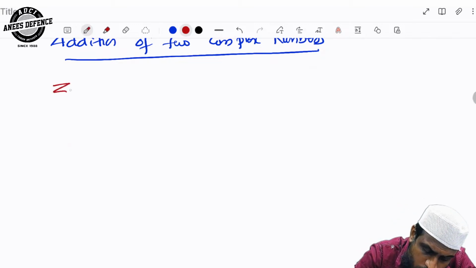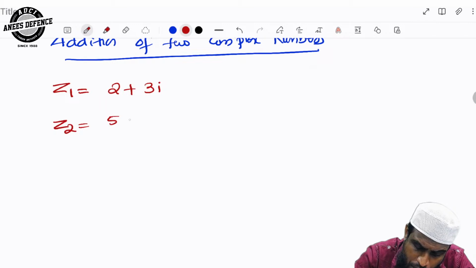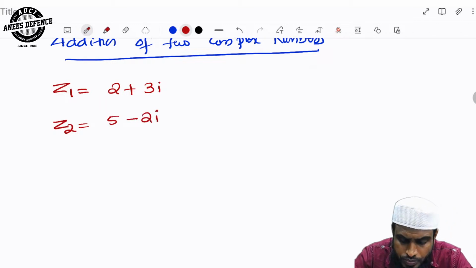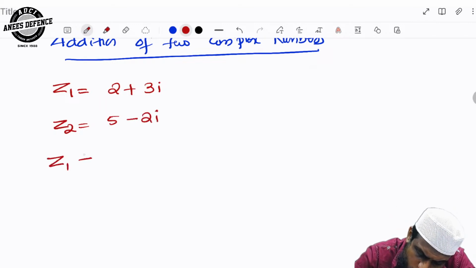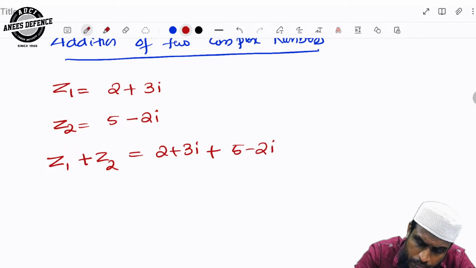For example, Z1 is equal to 2 plus 3i, and Z2 is equal to 5 minus 2i. When you are taking Z1 plus Z2, that is 2 plus 3i plus 5 minus 2i.